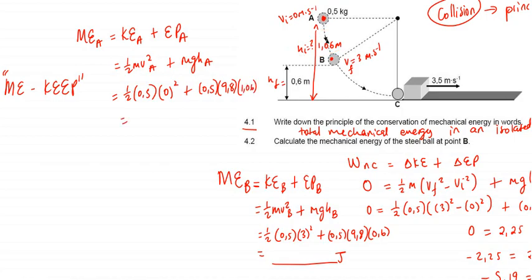In that way you'll be able to get 0.5 times 9.8 times 1.06, so you get 5.19 joules. Measure it in joules. Okay, so that's what you get. That's the mechanical energy at A.